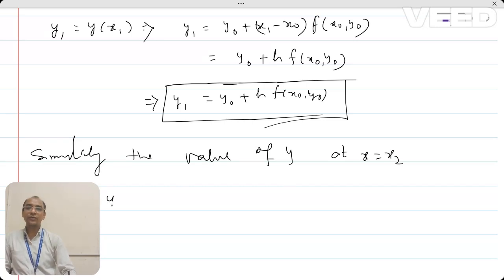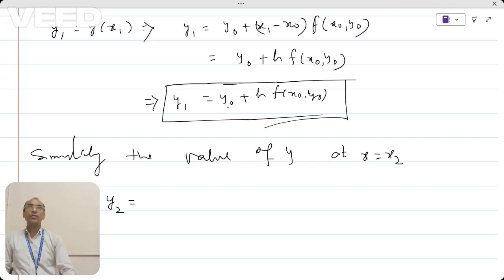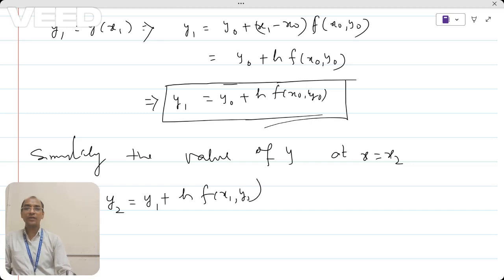That y of x2 we will denote as y2, and that curve will be approximated by the tangent at x1, y1. So what I will do here is write y1 plus h f of x1, y1.